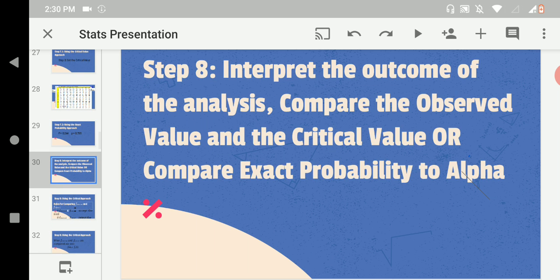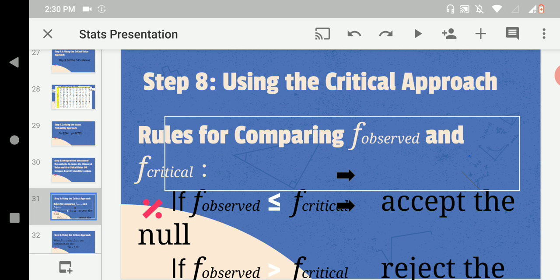According to her calculations. Next, we have to interpret the outcome of the analysis, compare the observed value and the critical value, or compare exact probability to alpha. In this step, we will now know if we're going to reject the hypothesis or accept it. So, we have the rules for comparing the F observed and the F critical.